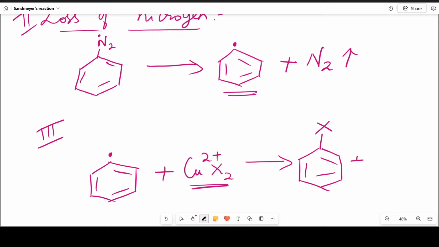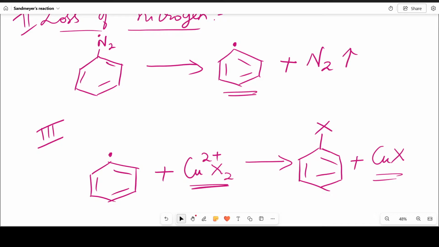Along with that, the catalyst that was initially used is regenerated. So the product is formed. I hope this is clear. The aryl radical reacts with the copper 2 species to form the aryl halide and regenerate the copper 1 catalyst that was used initially in the reaction.